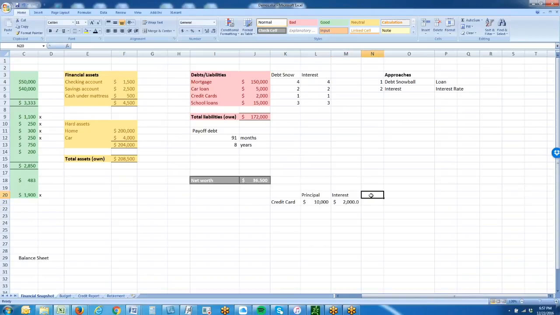So this means your outstanding amount is $12,000, but interest is active and it's getting applied every single month. So when you pay off a smaller amount, what you owe, what's outstanding, is actually growing. It's growing against you, and so this could be a problem, especially if you have a high interest rate.